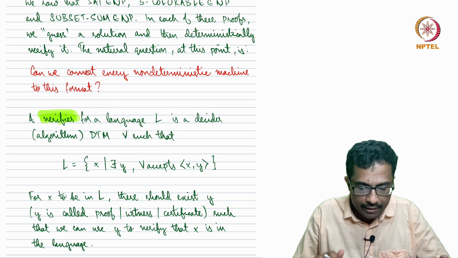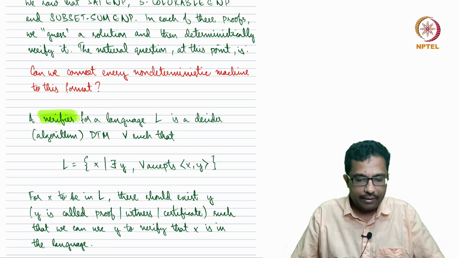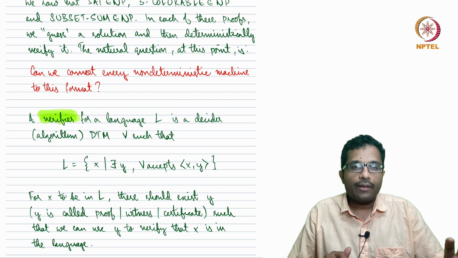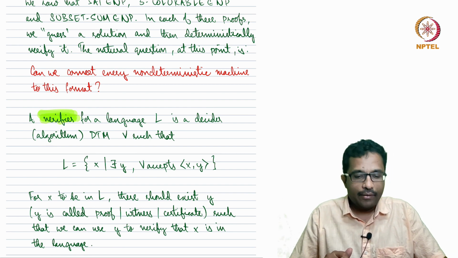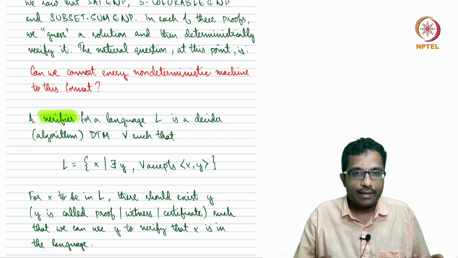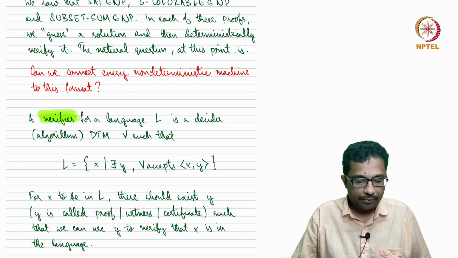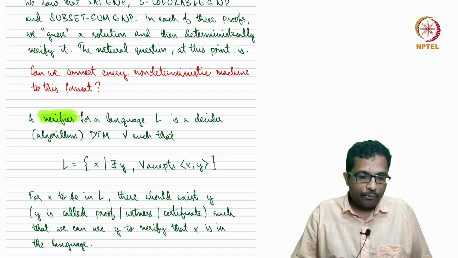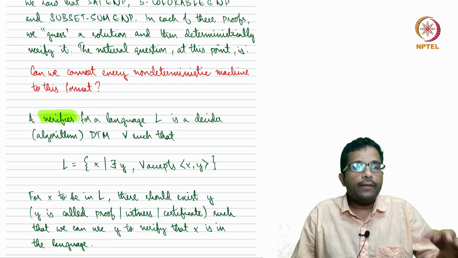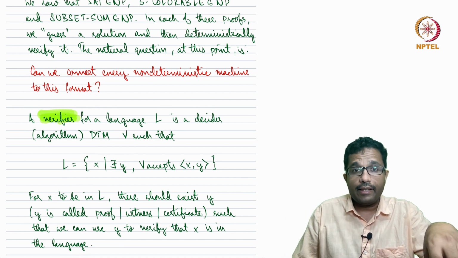Right now it may seem a bit abstract, but it's easy to see once we have an example. Suppose X is a Boolean formula, and L is satisfiability, the set of all satisfiable Boolean formulas. Let's say Y is a satisfying assignment.